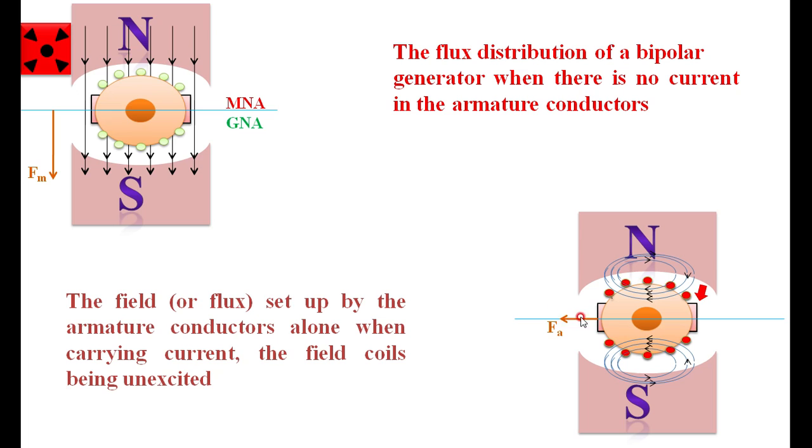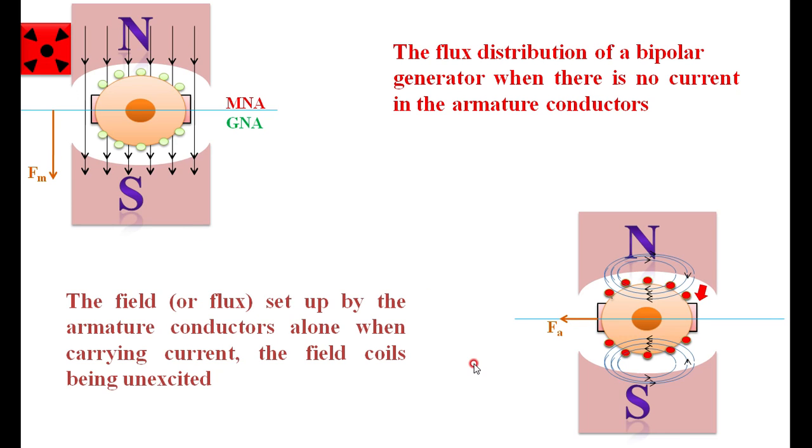This FA is the flux produced by the armature conductors, and it is always acting along the magnetic neutral axis.